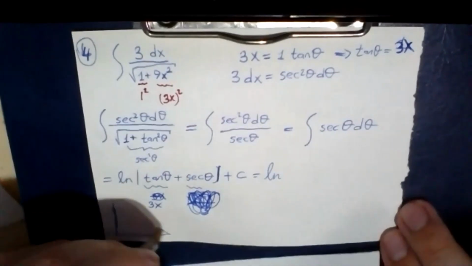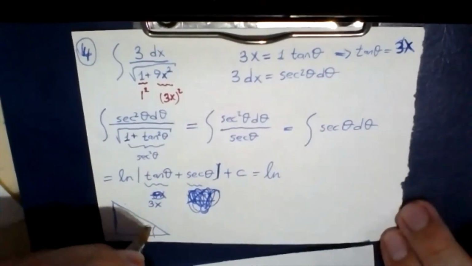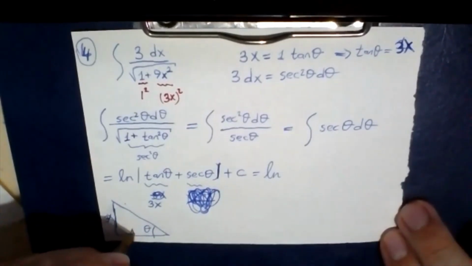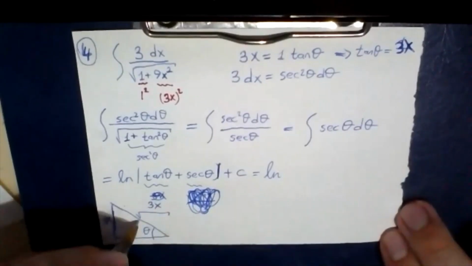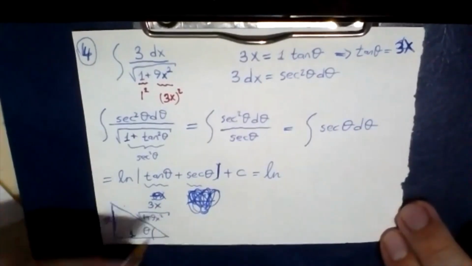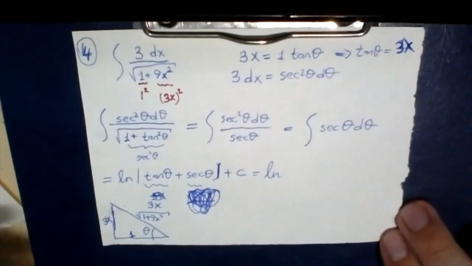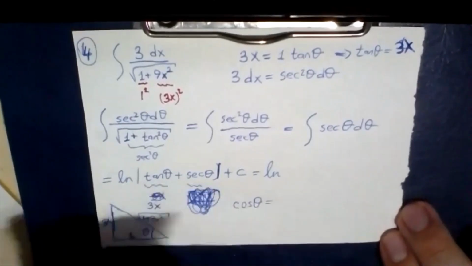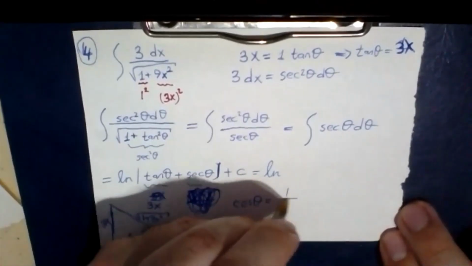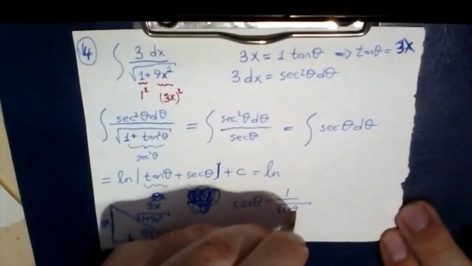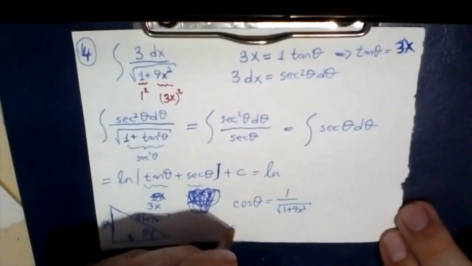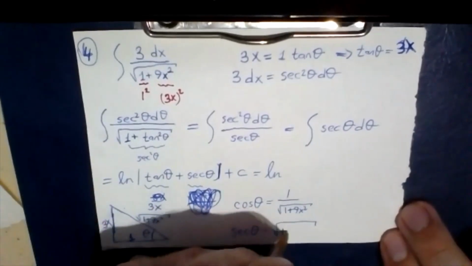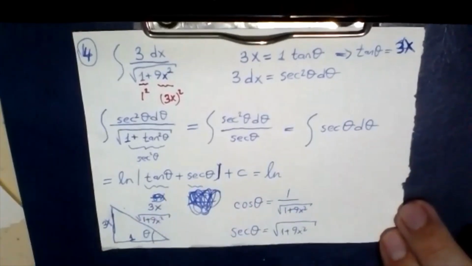From the triangle, if tangent theta is equal to 3x, then this side should be 3x, the length of this side should be 1, and the length of the hypotenuse is equal to square root of 1 plus 9x squared. So, what is cosine theta? Cosine theta is equal to 1 over square root of 1 plus 9x squared. Hence, secant theta should be equal to square root of 1 plus 9x squared.